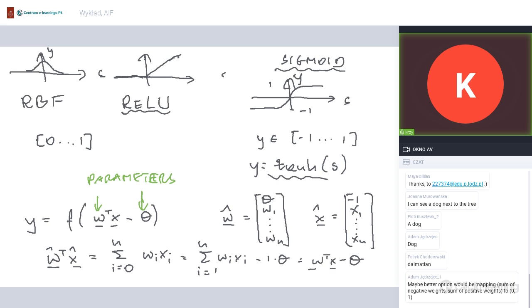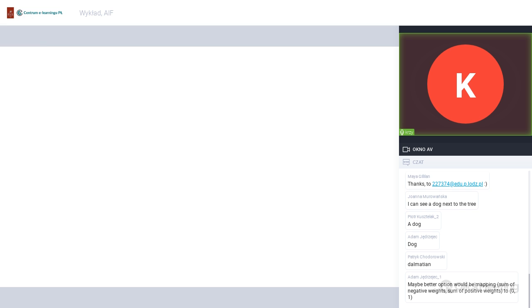To make the description of a neuron as simple as possible, it is customary to use this notation and define a neuron as a device that just transforms a dot product of inputs and weights onto the output. And here I'm skipping these hats because this will be a notation that we'll be using from now on, at least for a while.